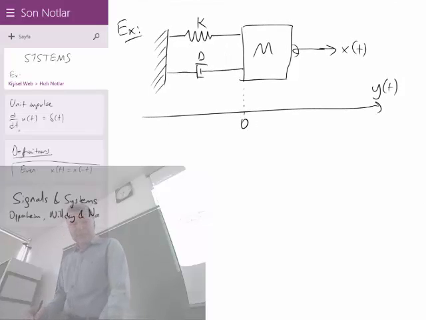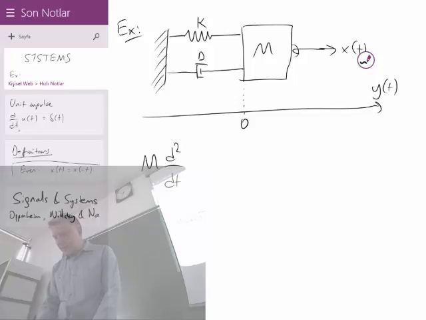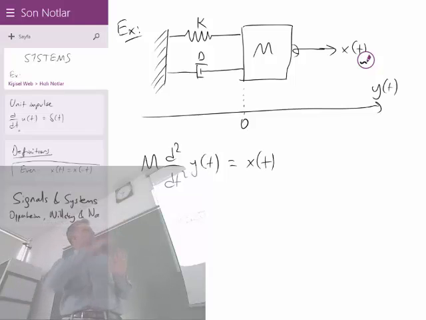The force balance is as follows. M times A is equal to the net force. And what is M times A? The second derivative of the position, which is the derivative of the velocity, which is A. So M times A is equal to, let's assume that the right hand side is the positive direction.